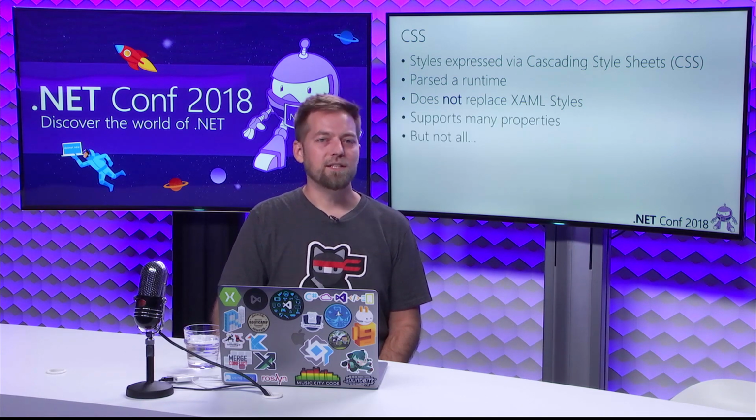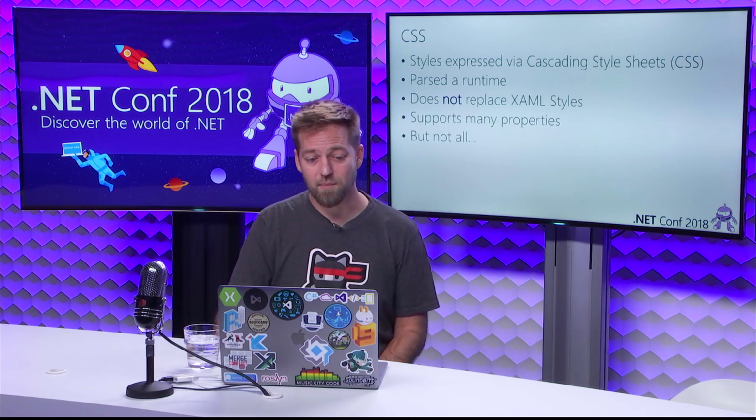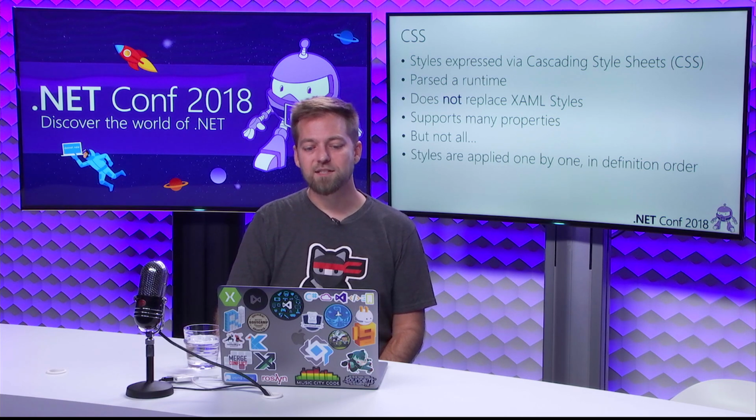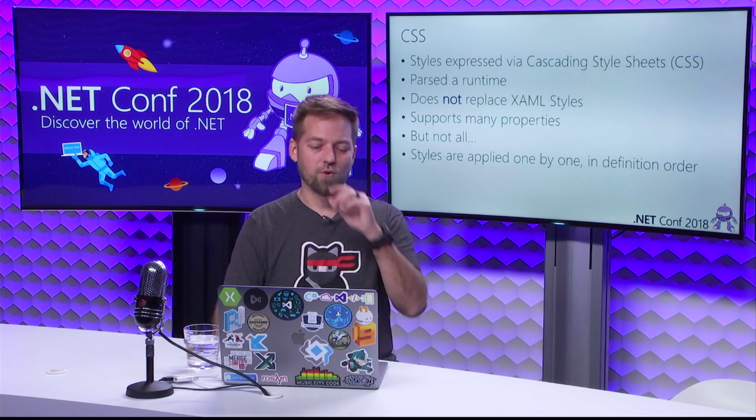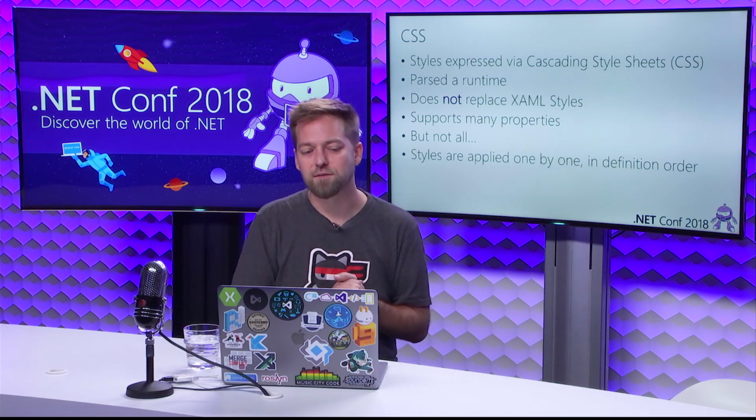So CSS styles are expressed via cascading style sheets. They're parsed at runtime, and this does not replace XAML styles. It does support a ton of properties out of the box, but not all. And the styles are applied one by one in definition order, which is the cascading aspect of CSS.